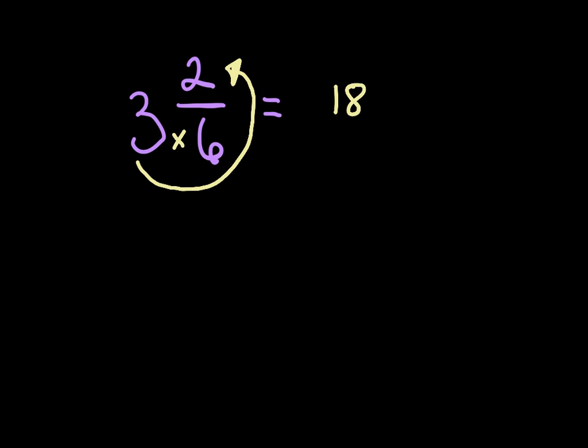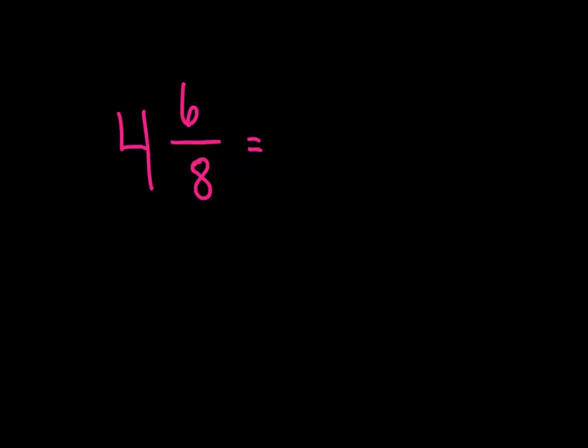And then when we get to the top, the numerator, we add 2, and we get 20. And then the denominator always stays the same. So the improper fraction or fraction greater than 1 is 20/6. So 3 2/6 is equal to 20/6.